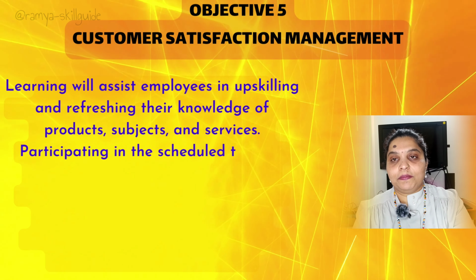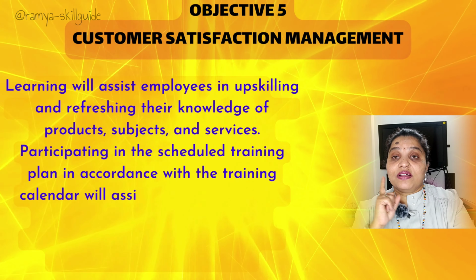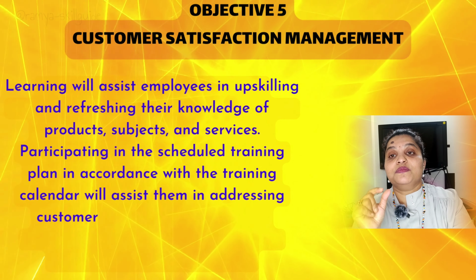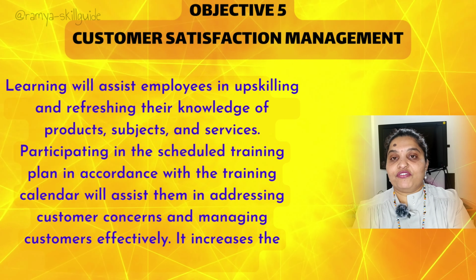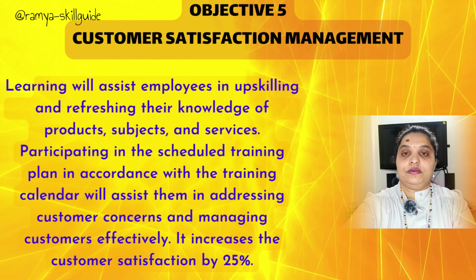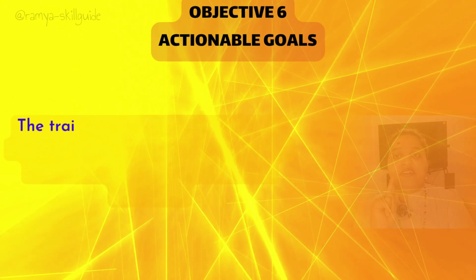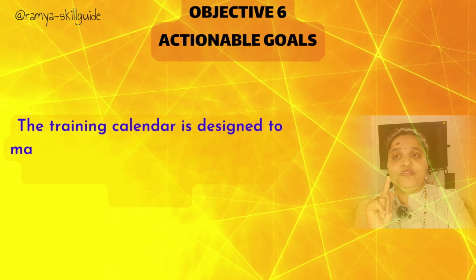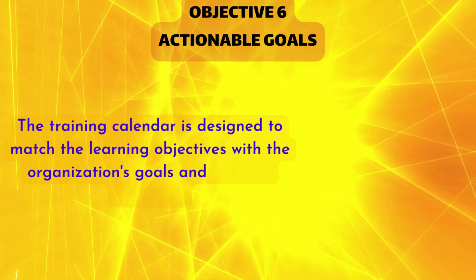Participating in the scheduled training plan in accordance with a training calendar will assist them in addressing customer concerns and managing customers effectively. This increases customer satisfaction by 25%. Objective 6. Actionable goals. The training calendar is designed to match the learning objectives with the organizational goals and business strategies.